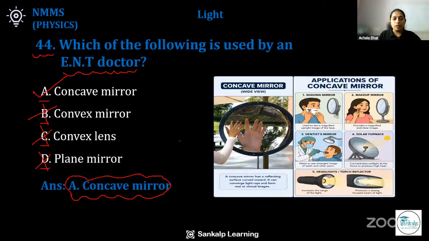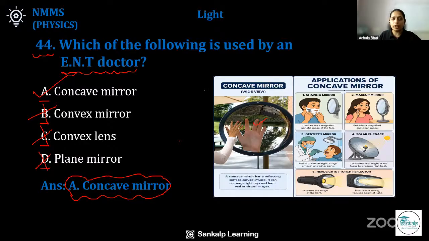See, when objects are placed near a concave mirror, they form erect and enlarged images like this. Therefore, concave mirrors are preferred by ENT doctors to get a large image size.